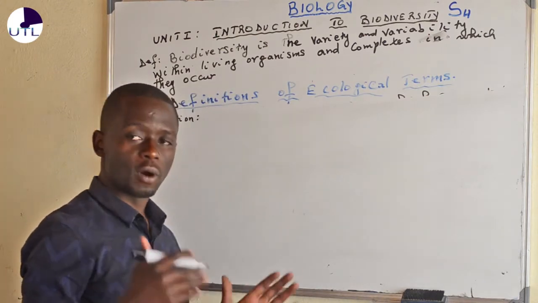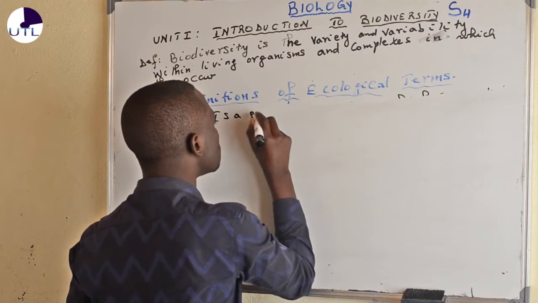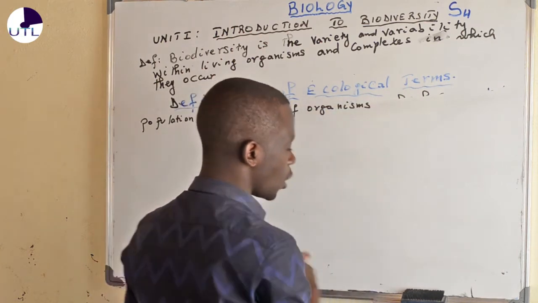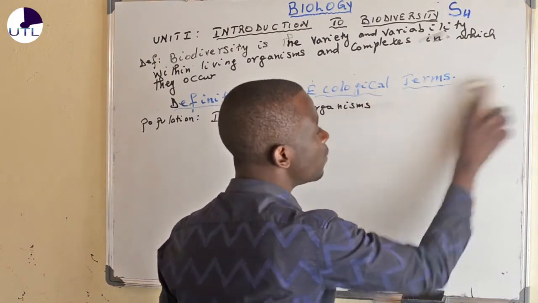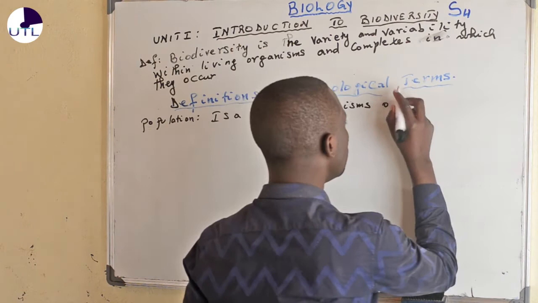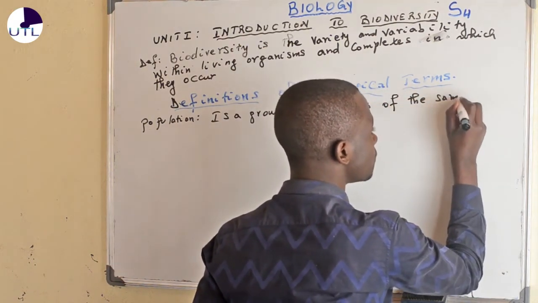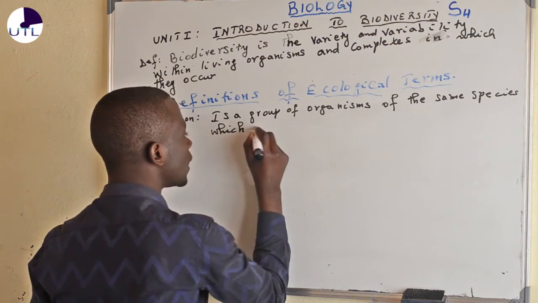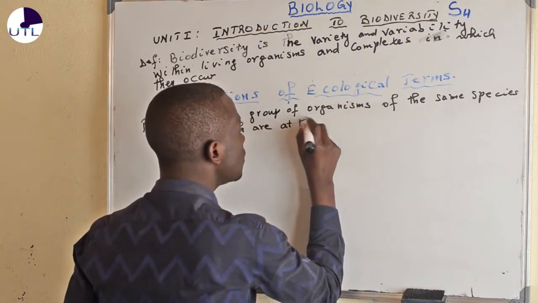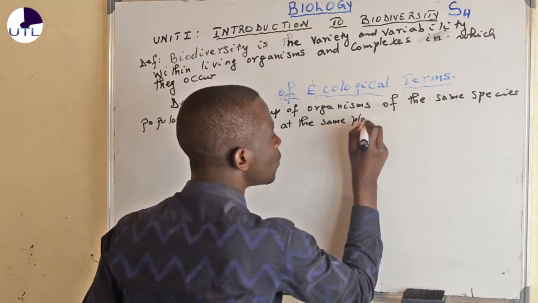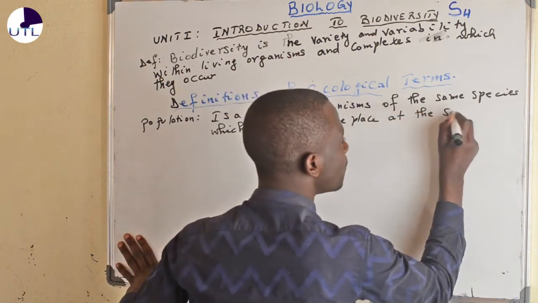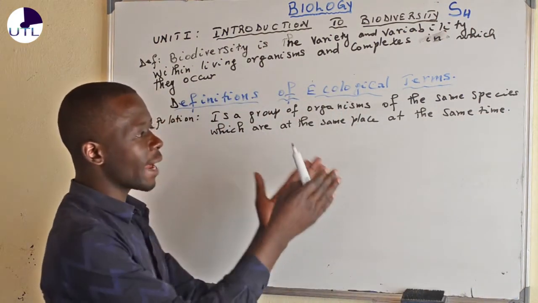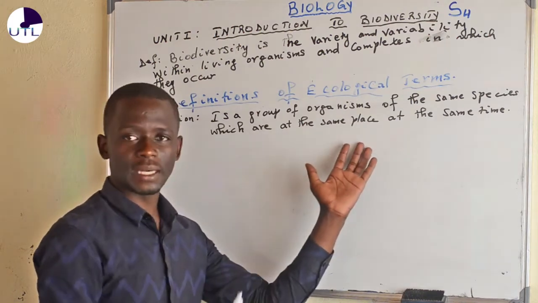Population is a group of organisms of the same species which are at the same place at the same time. What actually does this mean?